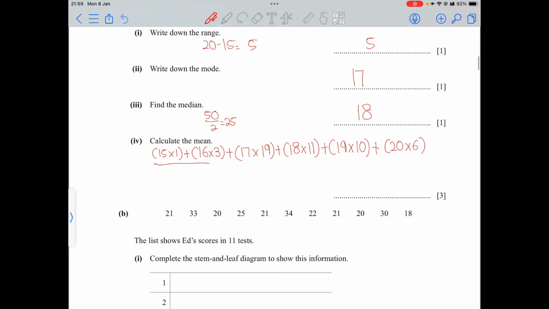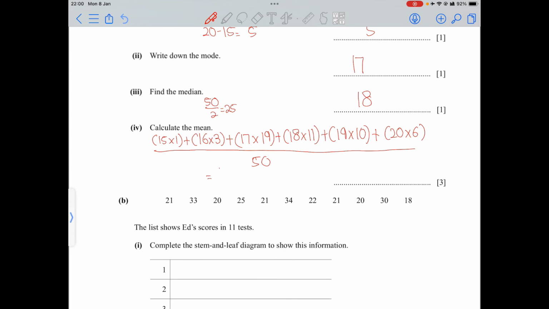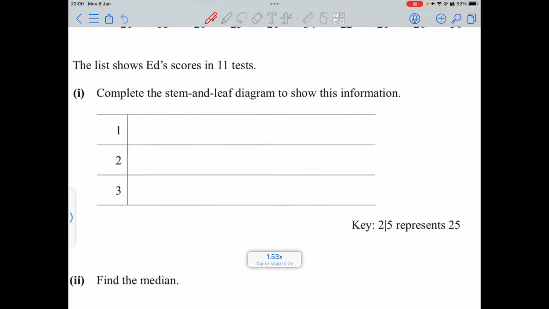So you divide this by 50. If you take the calculator, just input this whole thing, 15 times 1 plus 16 times 3 plus 17 times 19 plus 18 times 11 plus 19 times 10 plus 20 times 6 divided by 50, that gives you 17.88, which can also be written as 17.9, but I just prefer to have my answers rounded to 3 significant figures.